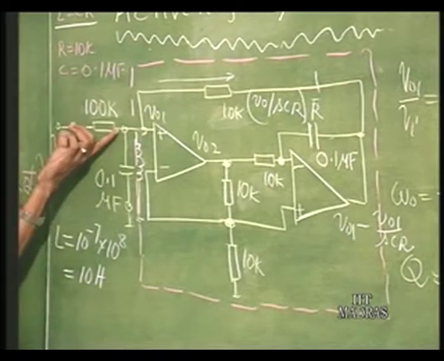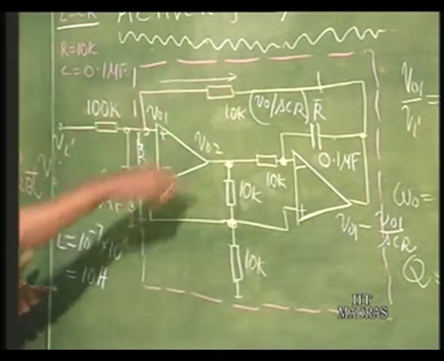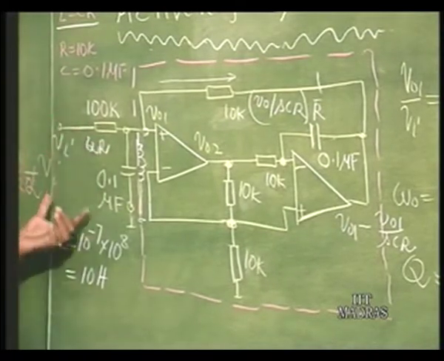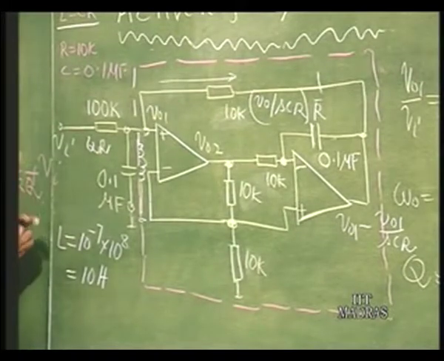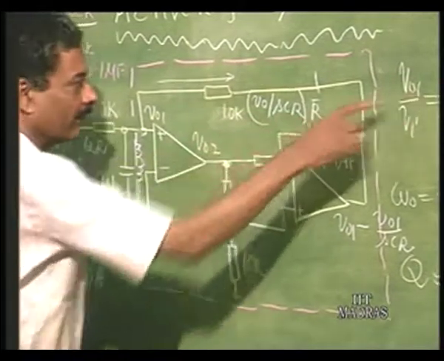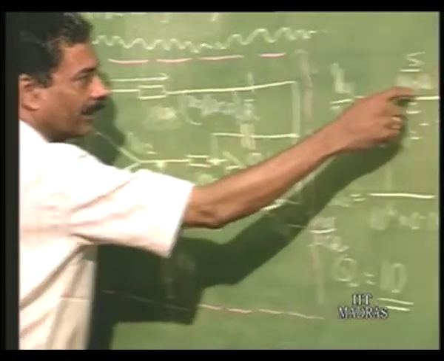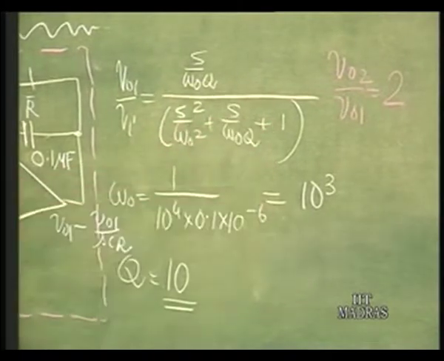And then if I connect a resistance R times Q, where R is the 10 K resistance that has been used here. This is really a tank circuit with L, C and R, and therefore its transfer function V naught 1 by V I is going to be (S by omega naught Q) divided by (S squared by omega naught squared plus S by omega naught Q plus 1).